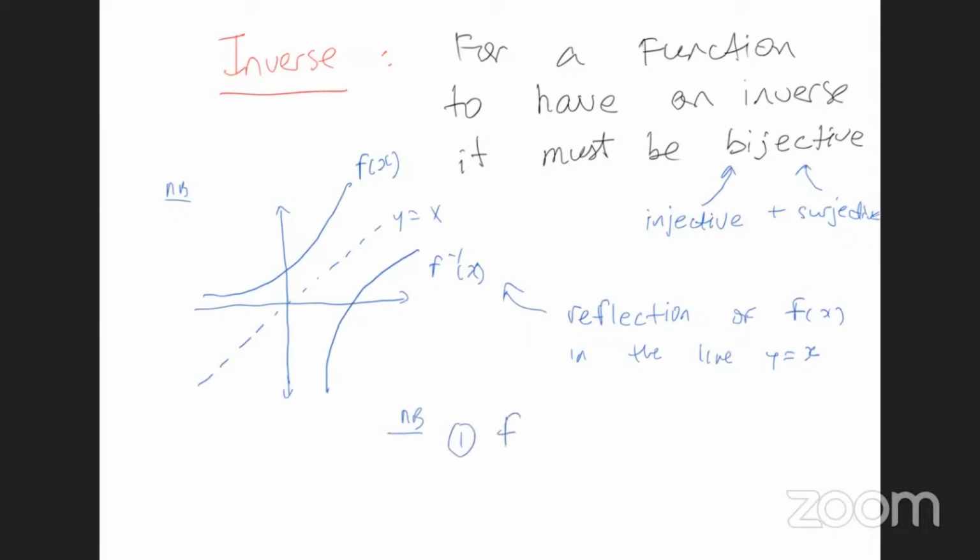What is f of f inverse x? Or what is f inverse of f of x? But what's the general answer? Think about this. Suppose I gave you the relationship between x and f of x.